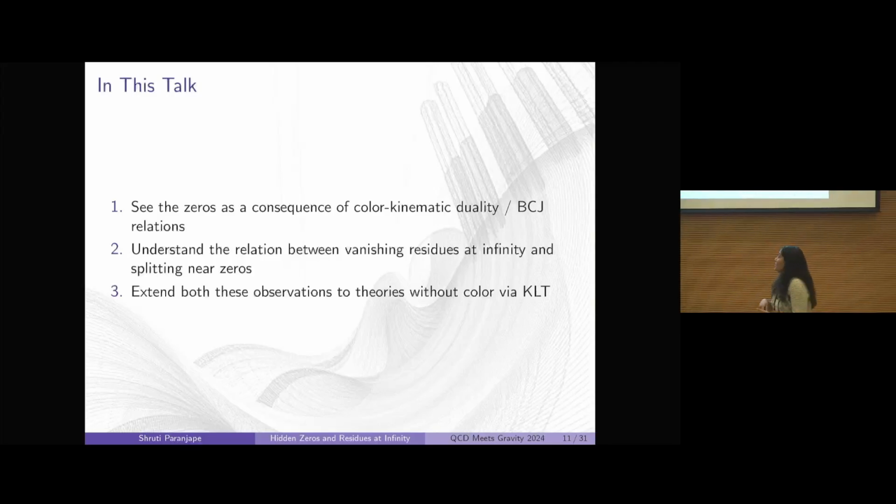I would then like to talk about how one should understand the splitting near these 0 points, and that the splitting near the 0 points is related to the fact that all of these amplitudes have some well-defined large Z behavior. And then finally, I want to shove these through the meat grinder of KLT and then show you that both of these properties also are shared by uncolored theories in a way that the kinematic mesh could never have shown you.